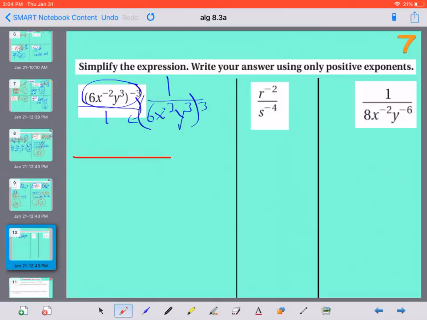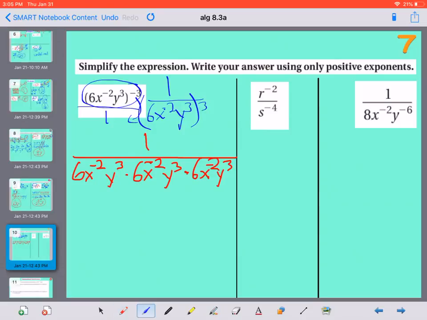Let's write the bottom first. We would have 6x to the negative 2 y cubed times 6x to the negative 2 y cubed times 6x to the negative 2 y cubed. That's all going to be over 1.